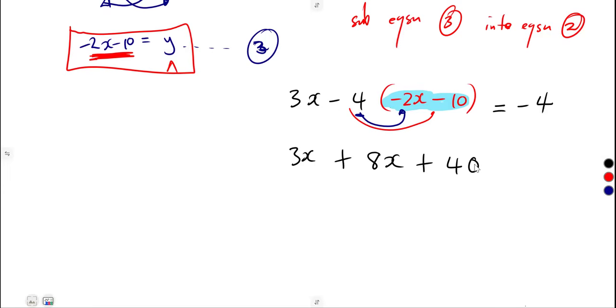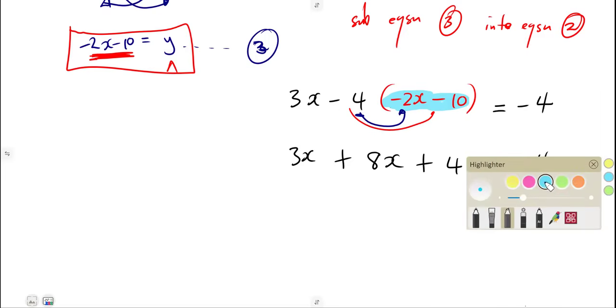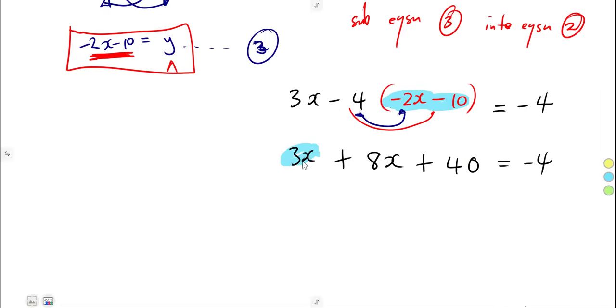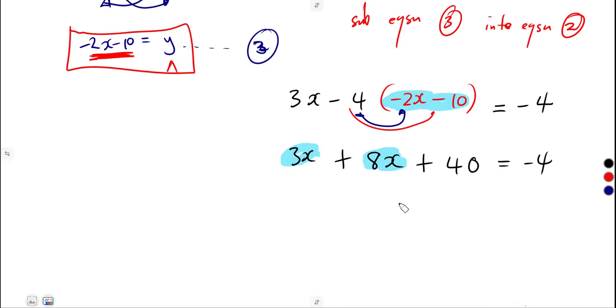So it's going to be positive 40, which is equal to -4. We can collect the like terms. As we can see that we have got the x there, 3x and 8x. So 3 plus 8 is going to give us what? 11x. So that's 11x plus 40, which is equal to -4.